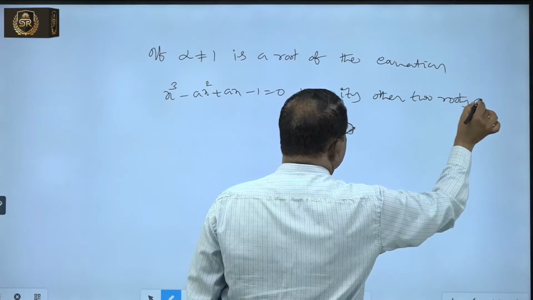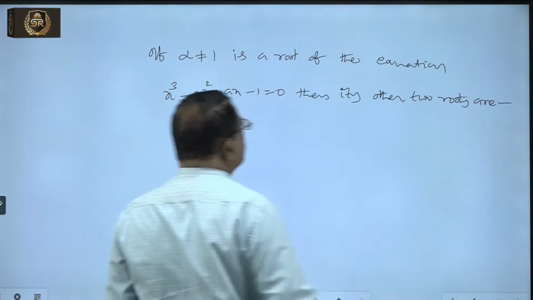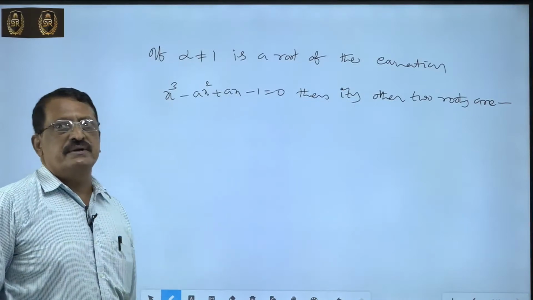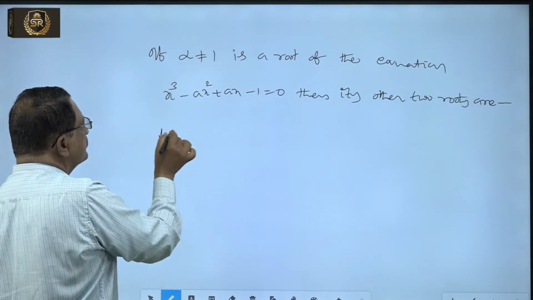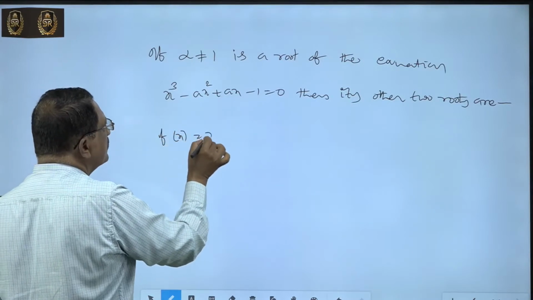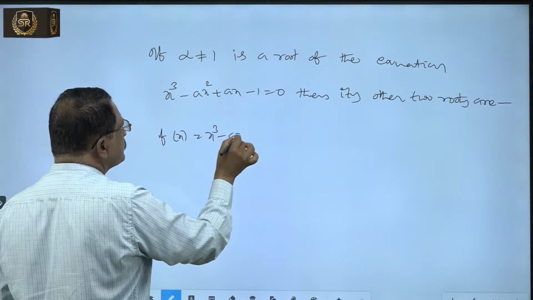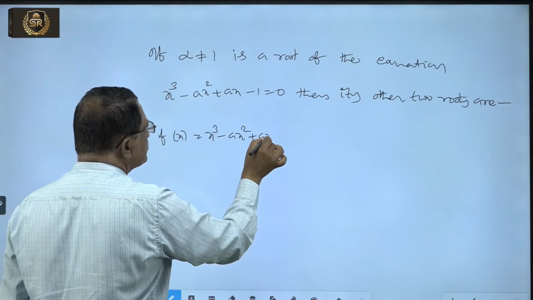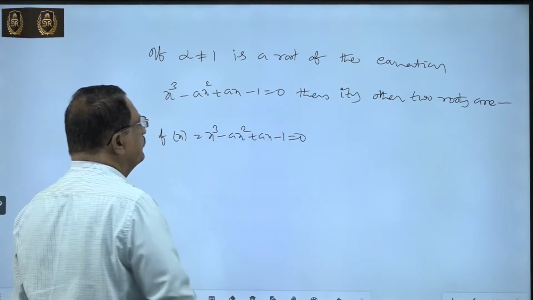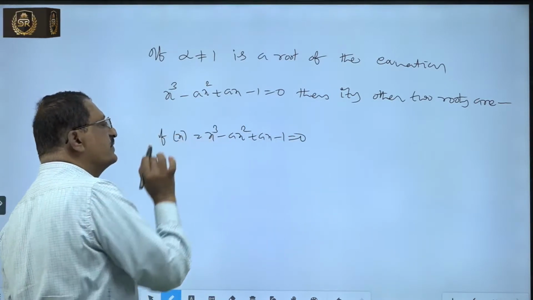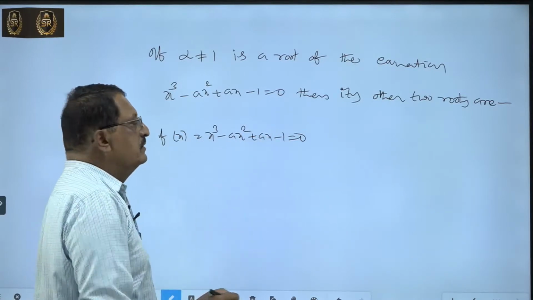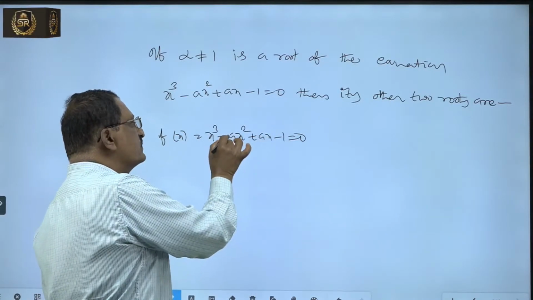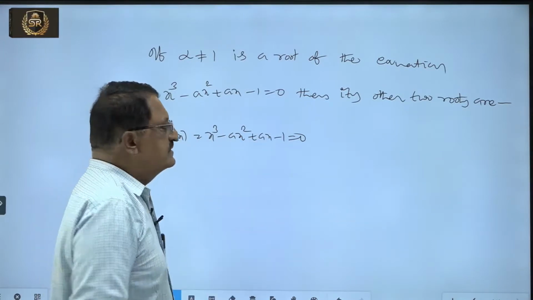Now observe it. The given equation is f of x equals x cube minus ax square plus ax minus 1 equals 0. See it: the coefficient of x cube is 1, the constant term is minus 1, the coefficient of x square is minus a, and the coefficient of x is a.